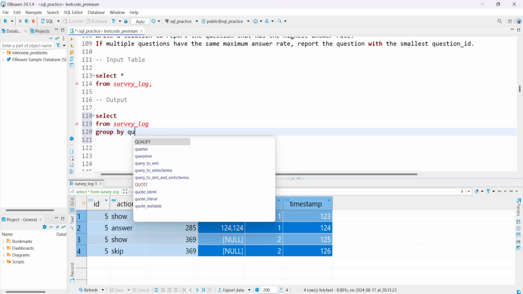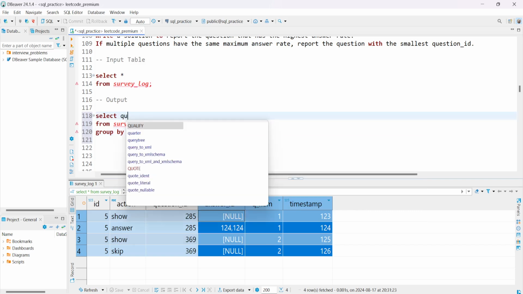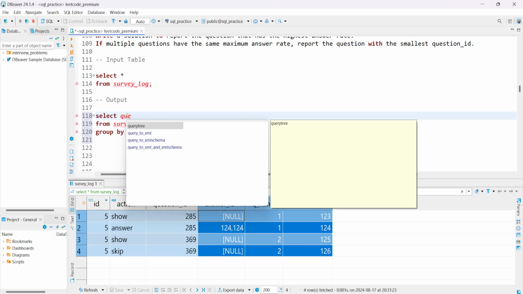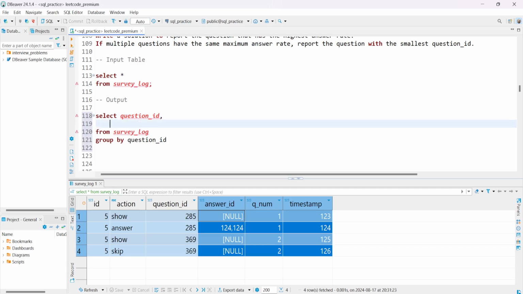Why question ID? Because we need to do everything at the question level. So we can write question ID here. Now the next part is finding the count.